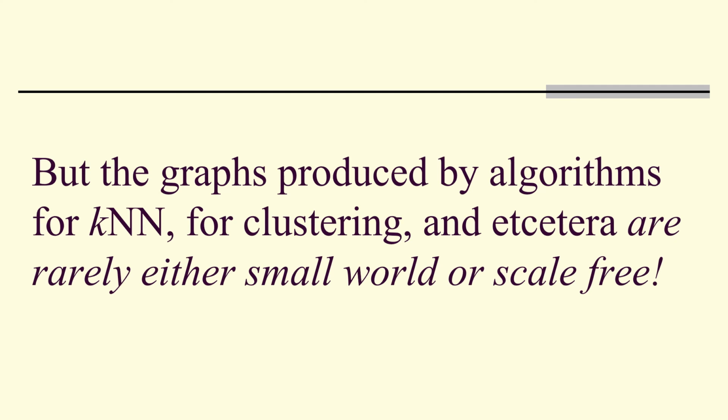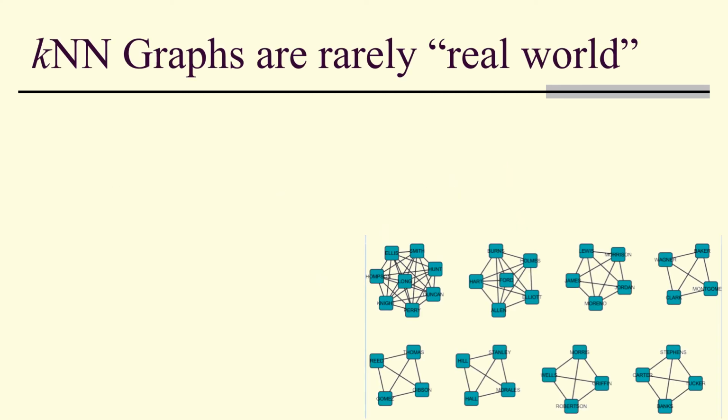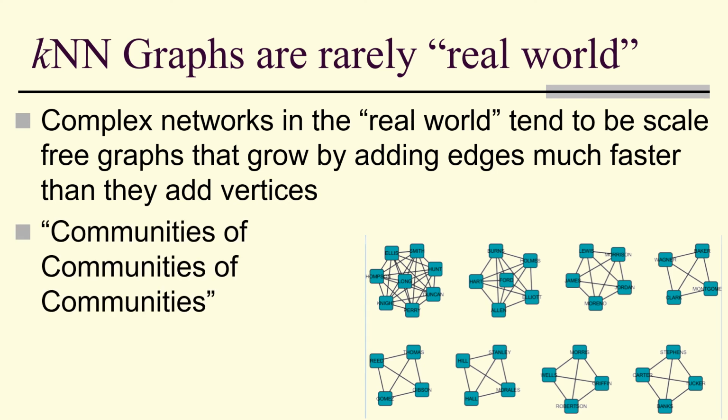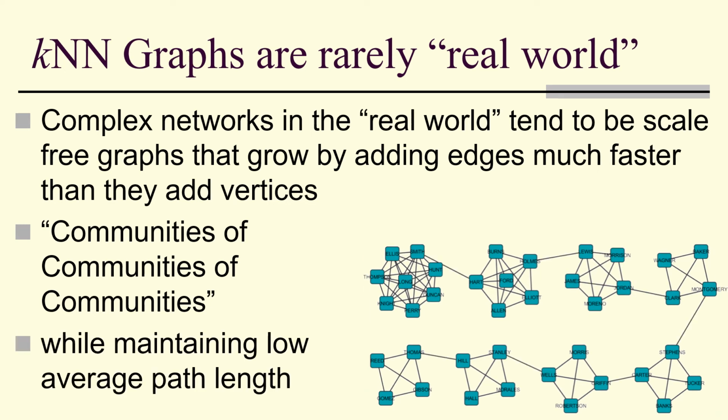But here's the catch. Graphs produced by algorithms for k-nearest neighbors and for clustering and so on are rarely small world or scale free. So complex networks tend to be scale-free graphs that grow by adding edges much faster than they add vertices. Communities of communities of communities.